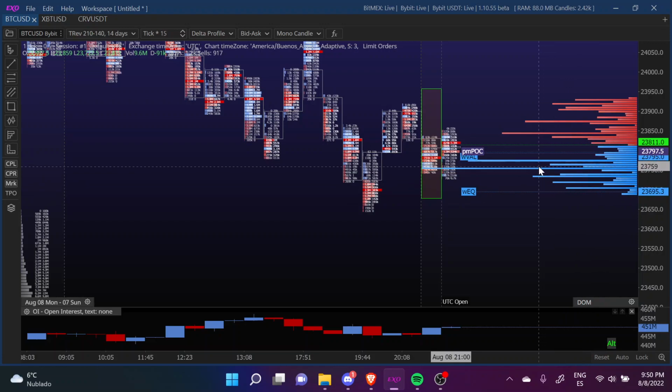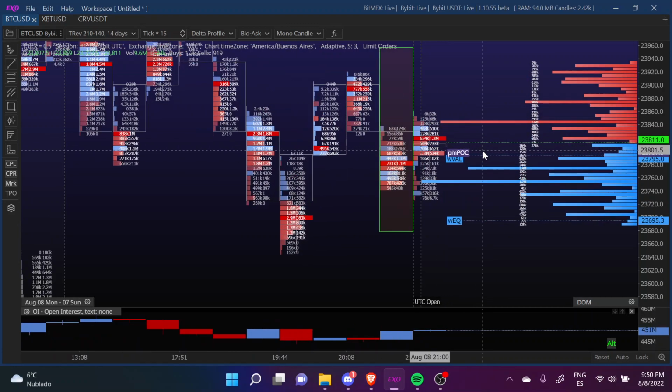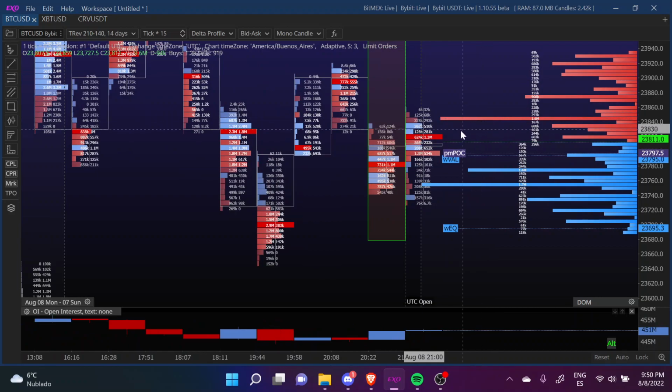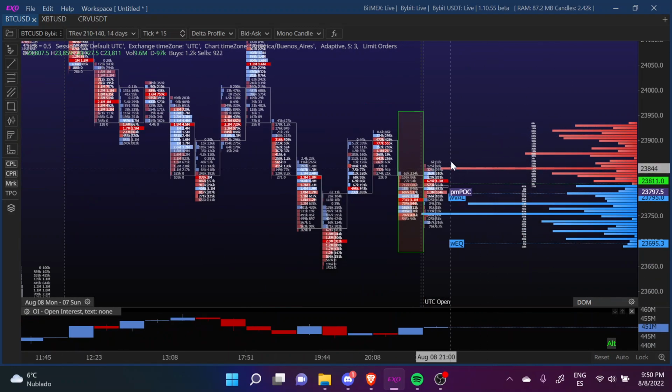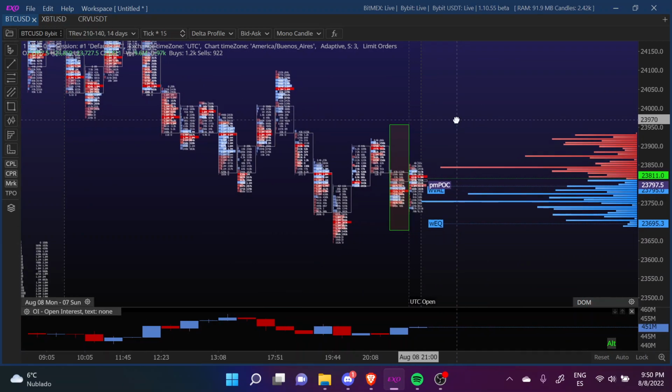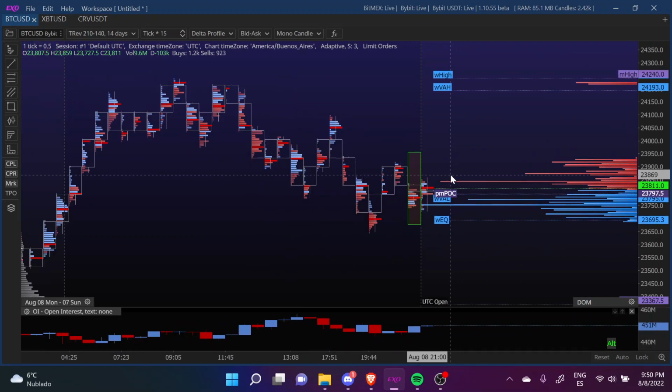So based on these two assessments, unless these limit sell orders actually execute, price will go higher, because that is actually the definition of path of least resistance.